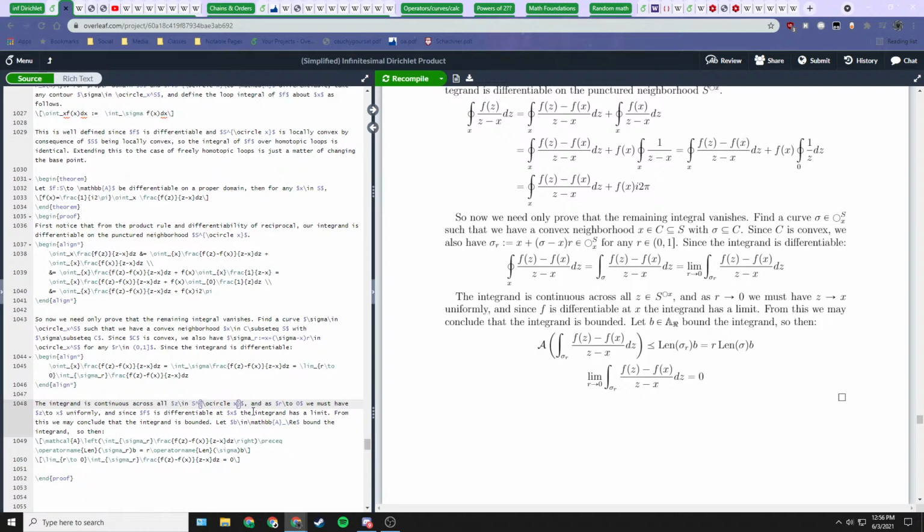As r goes to 0, we must have z goes to x uniformly. And since f is differentiable, the integrand has a limit. So we may conclude that the integrand is bounded across all z and r.